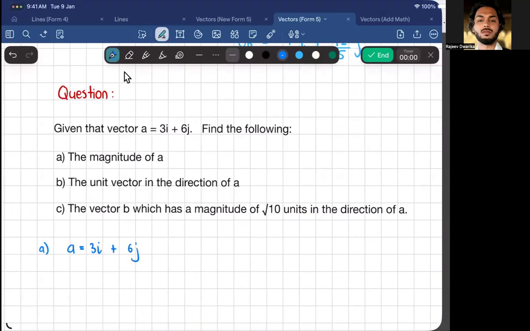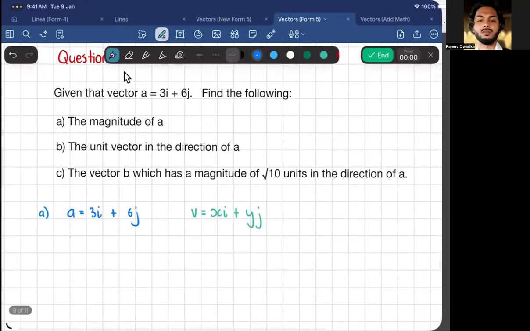That's in the form xi plus yj. Anytime you want to find the magnitude of a vector, it's just going to be the square root of x squared plus y squared.